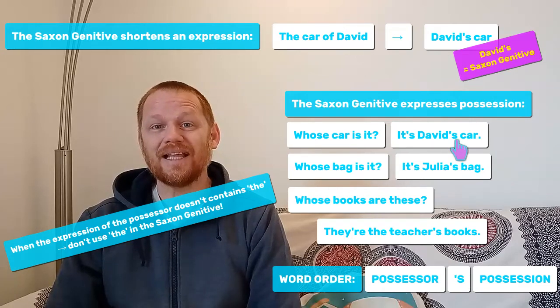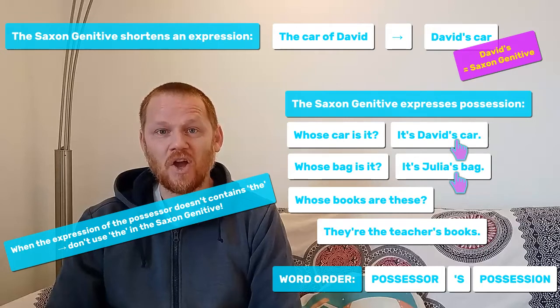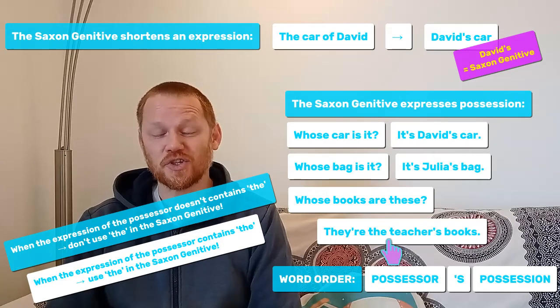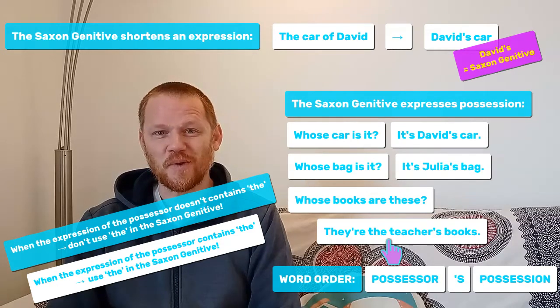For example, David's car or Julia's bag are all expressions without the definite article the, because the possessors David and Julia do not contain that definite article the. On the other hand, when the possessor does use the definite article the, for example, the teacher, then in the Saxon genitive, you have to use that definite article the teacher's books. Okay?